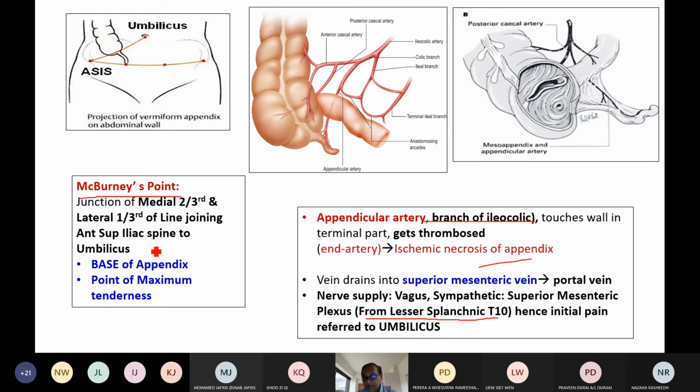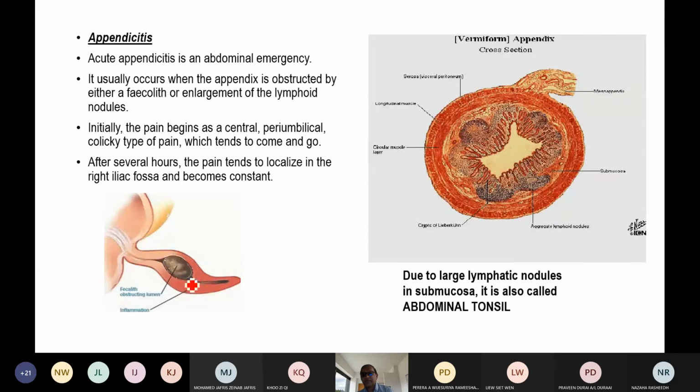So when will McBurney's point actually be tender? After the disease process goes on, the parietal peritoneum overlying the appendix gets stretched, and the muscles get stretched too, because the nerve supply of the parietal peritoneum and of the muscles is the same, the intercostal nerve. Only in that case will we get McBurney's point tender.